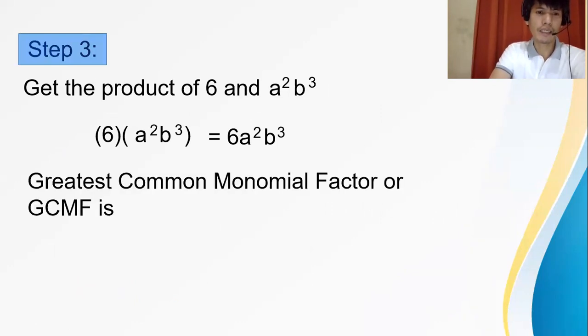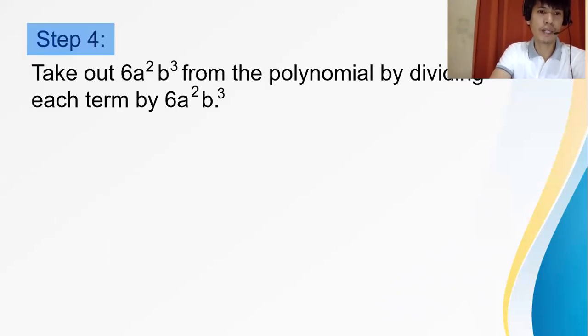So this is our greatest common monomial factor, or GCMF, which is 6a squared b to the third power. Next, step 4, take out 6a squared b cubed from the polynomial by dividing its terms by 6a squared b to the third power.